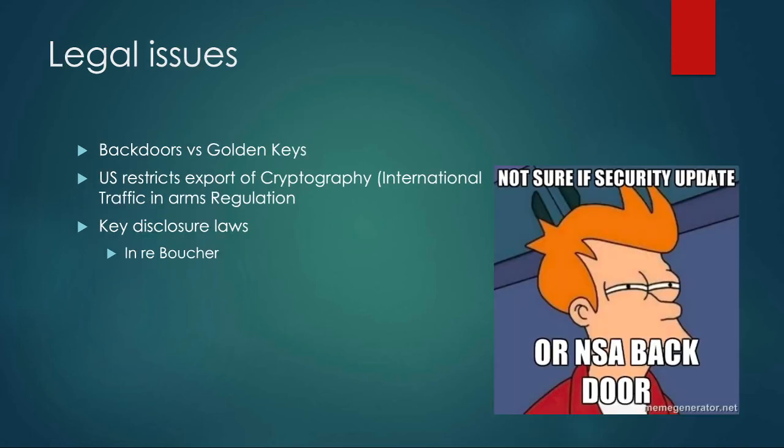Now, one of the big issues that we end up having with encryption is actually a legal issue. One of the disagreements that's been happening between the government in the United States as well as other places and people in the world is who should have encryption, who should use encryption, and who should be able to bypass other people's.